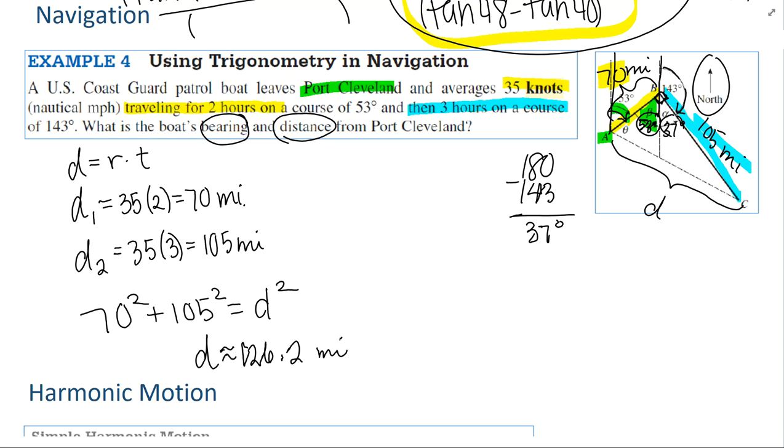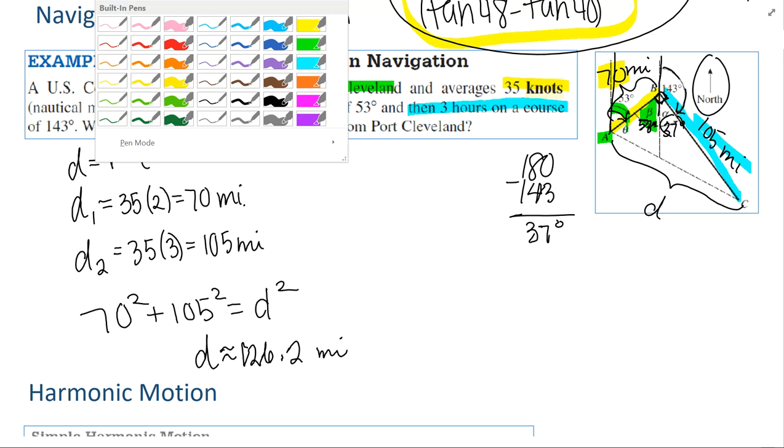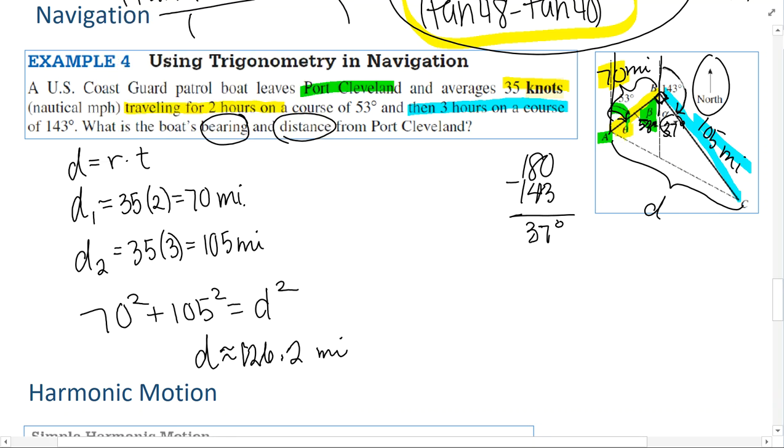The bearing is this theta right here. All right, we need to figure out that theta. So we need to use inverse trigonometry to find that angle. Well, the bearing actually isn't the entire angle theta.